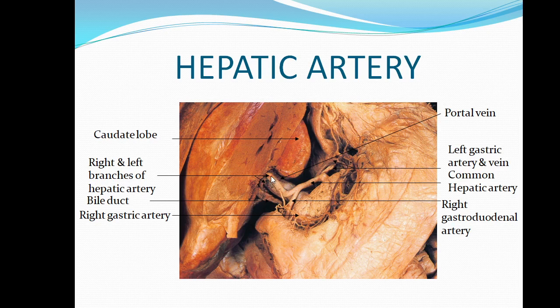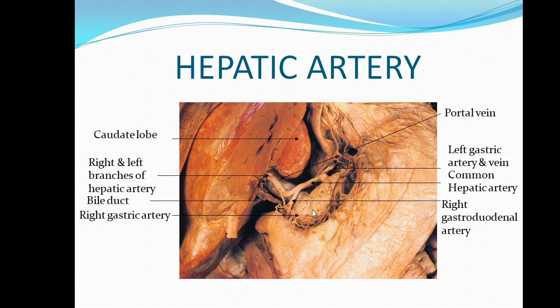Hepatic artery proper also divides here into right and left branch, accompanies the respective branches of the portal vein and the hepatic duct.